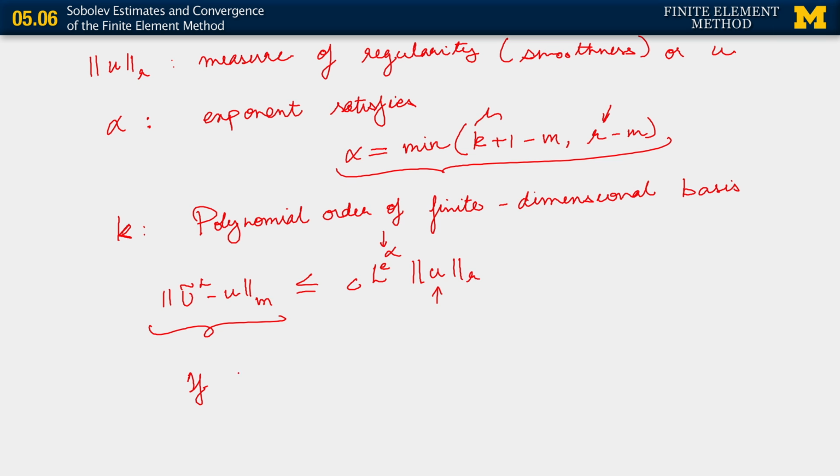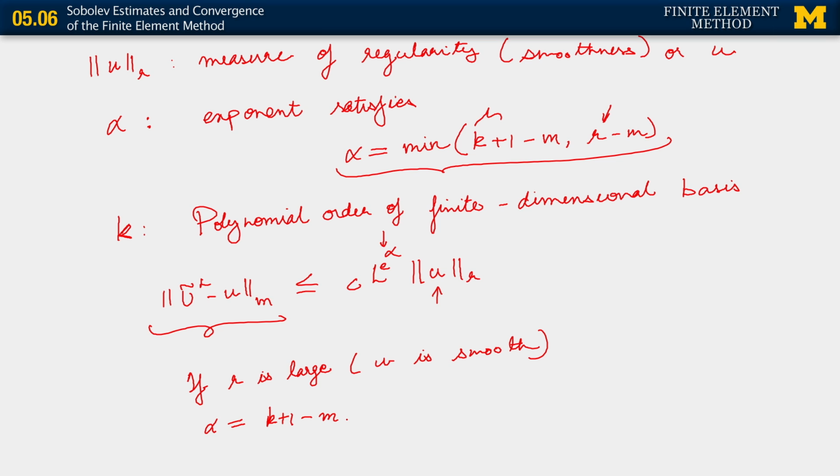So if r is large, which means the exact solution is very smooth, we have a nice, well-behaved problem. In this setting, what we will see is that alpha, being the minimum of those two quantities, is indeed going to come down to k plus 1 minus m.